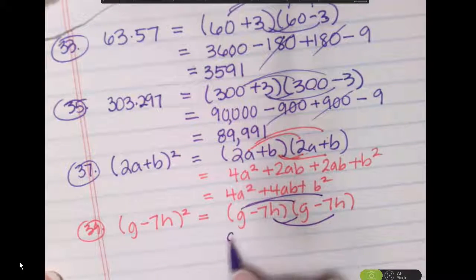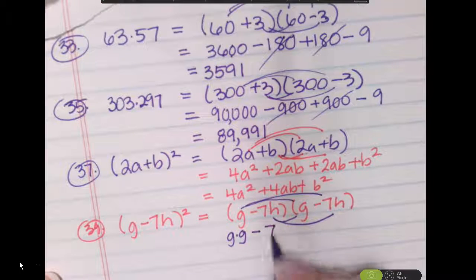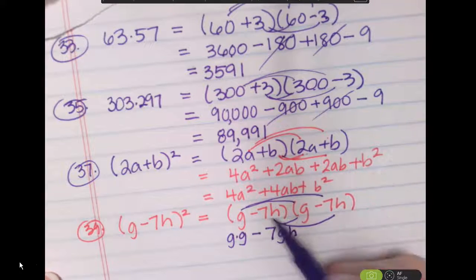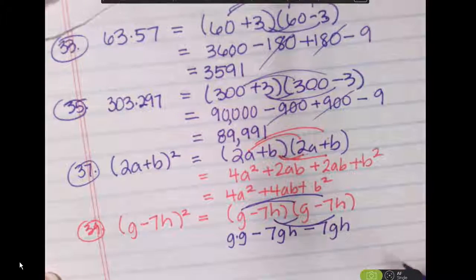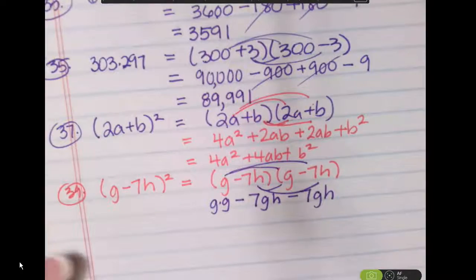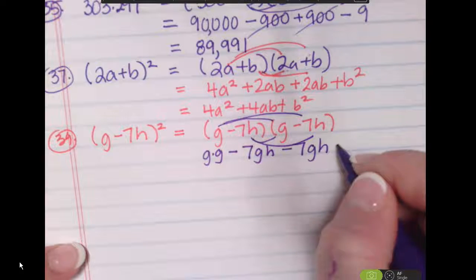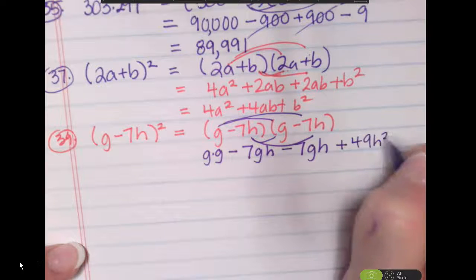So I've got g times g, and then g times minus 7h, and minus 7h times g is another minus 7gh. So I just list my variables alphabetically. And then minus 7h times minus 7h is plus 49h squared.